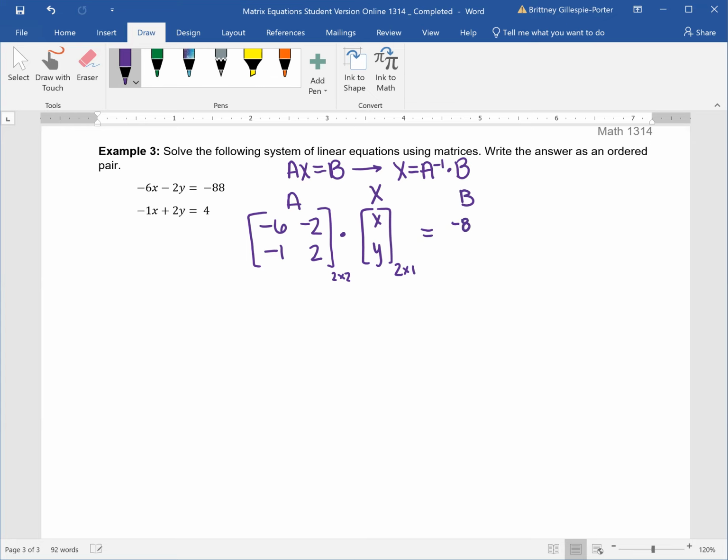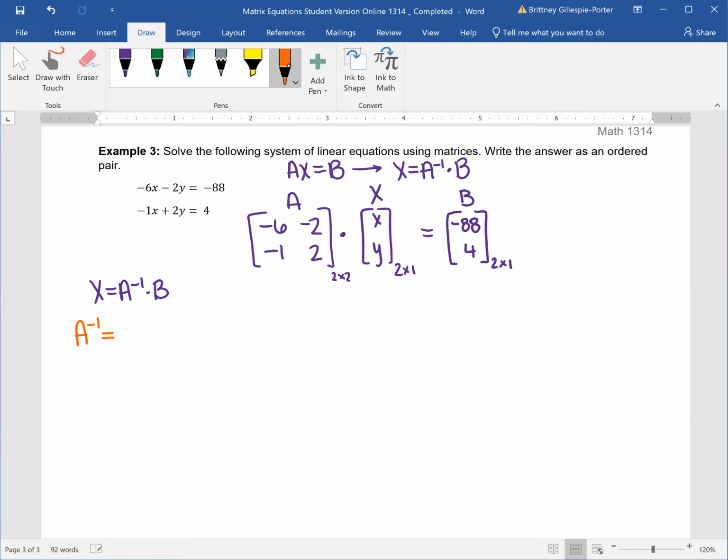So -88 is our first row, and 4 is our second row of B. So we have another 2 by 1.